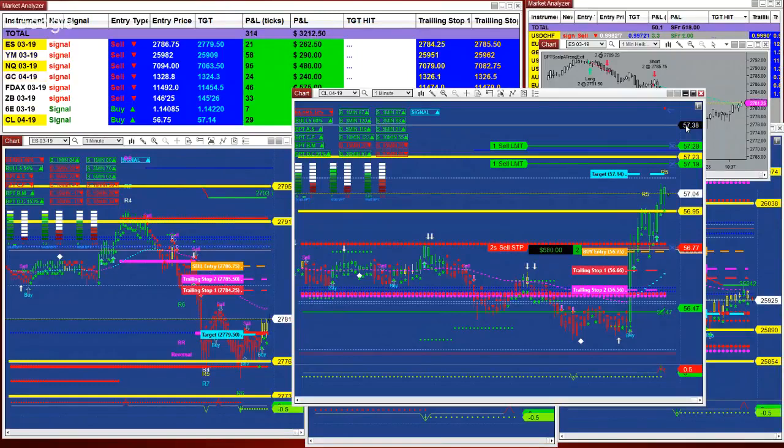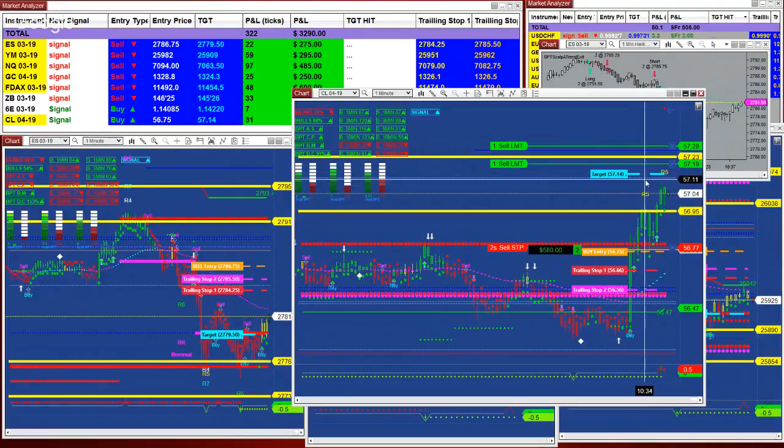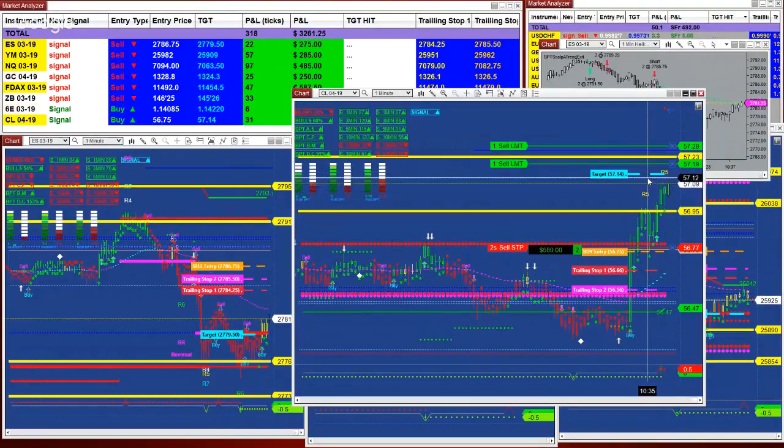So right now we have a bumper here at the CL at 57.12. This is a really critical area. This is less than $1 a day with your fib zone.